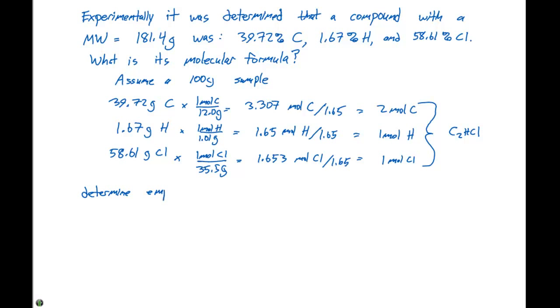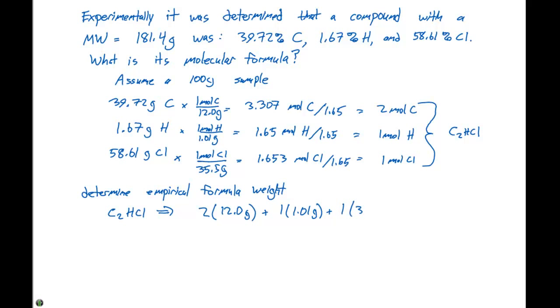So now the next step is to determine the empirical formula weight, because we know the molecular weight is 181.4. So if we have C2HCl, we have 2 times 12.0 grams plus 1 times 1.01 grams plus 1 times 35.5 grams.